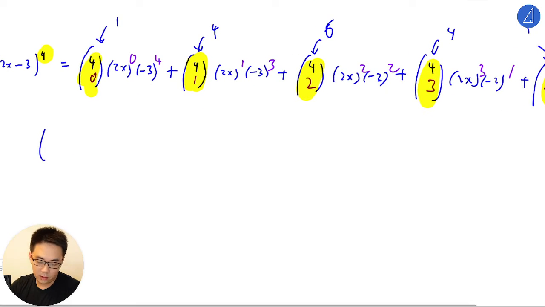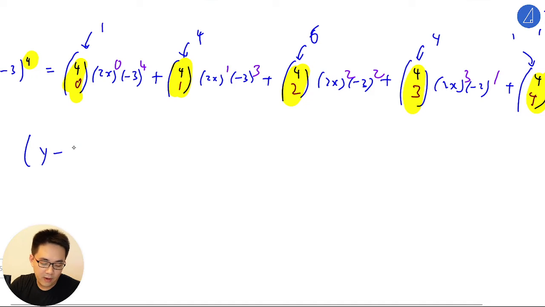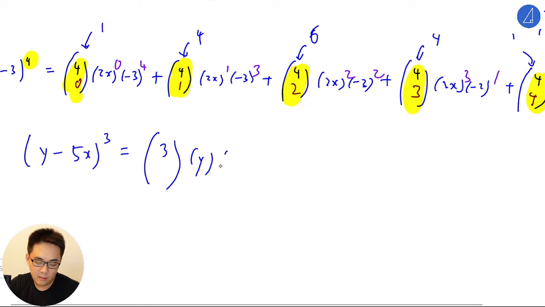So let me quickly give you another example, say if it's y minus 5x, and if this is power of 3, so you know that this is 3y minus 5x.